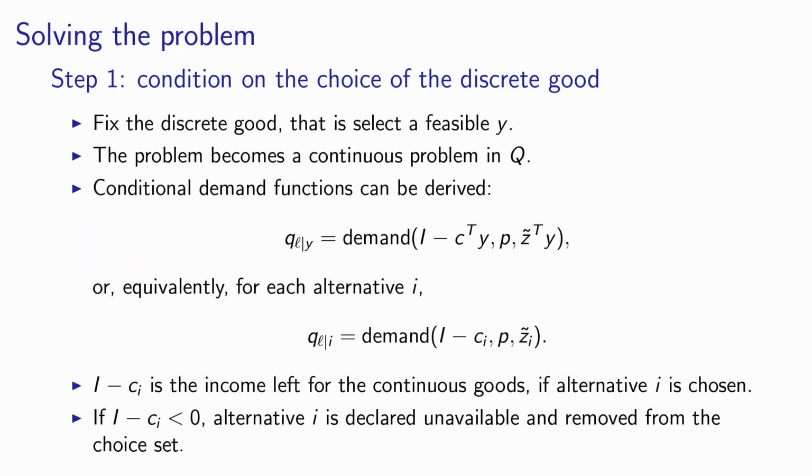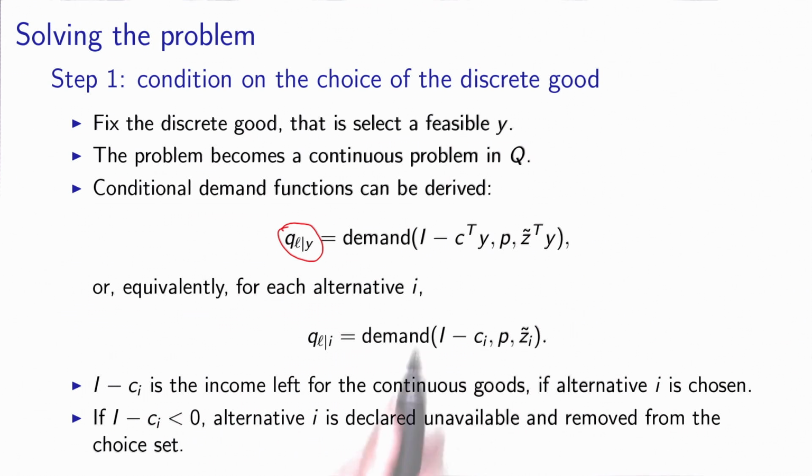Therefore, we can do what we did before. We can calculate the optimality condition, and we can derive a demand function. We call this a conditional demand function because it's conditional on the choice of the discrete good. So q, L given y is the demand, so the continuous quantities that will be purchased, assuming that y is the discrete decision.